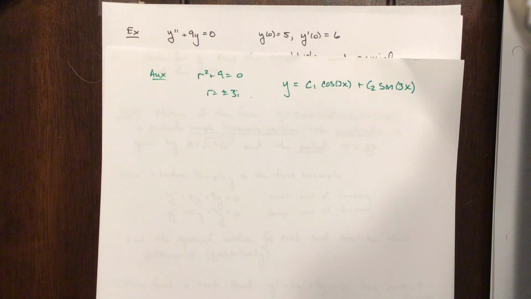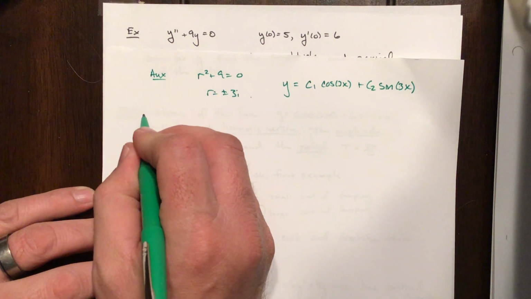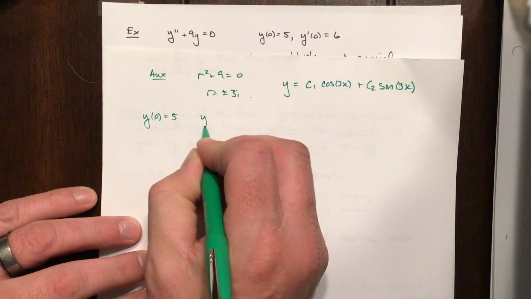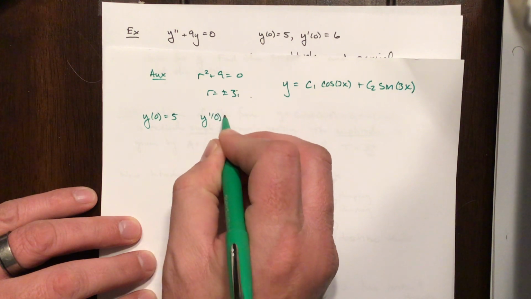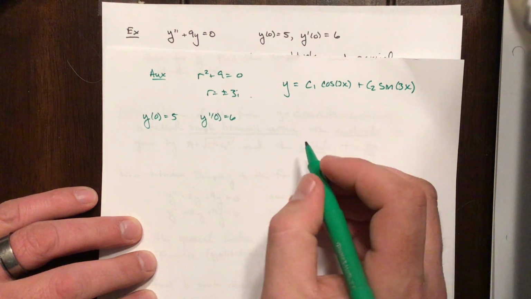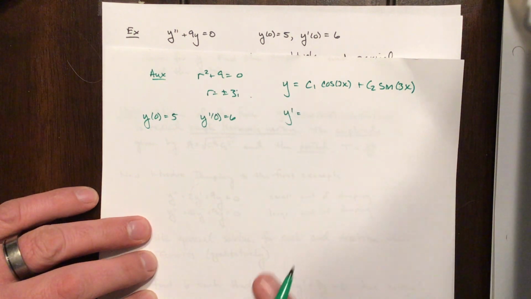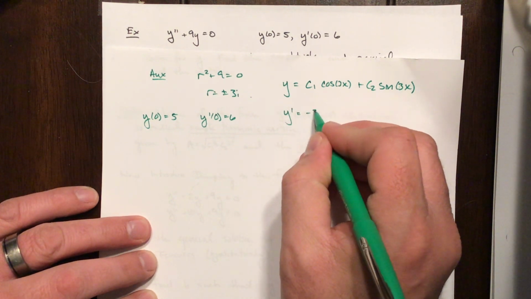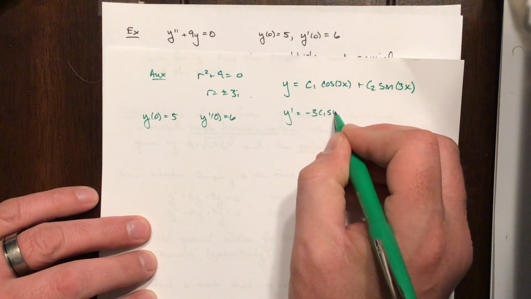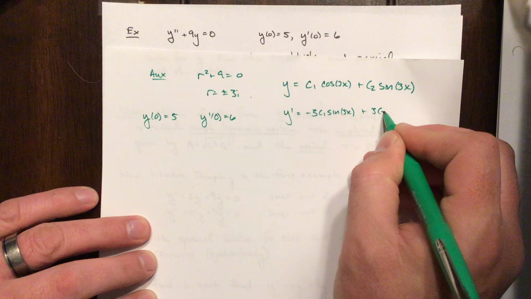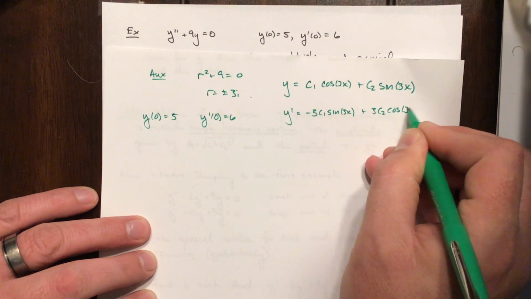Pretty straightforward. Now, you're told that there are two initial conditions. y of 0 is 5 and y prime of 0 is 6. So before I get to that, y prime is what? It's going to be minus 3 c1 sine 3x plus 3 c2 cosine 3x.